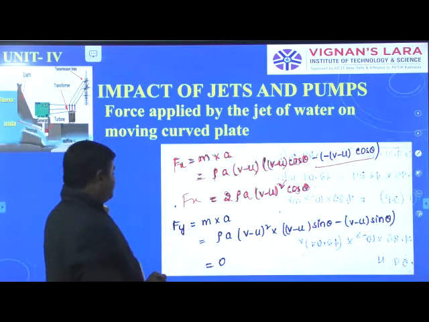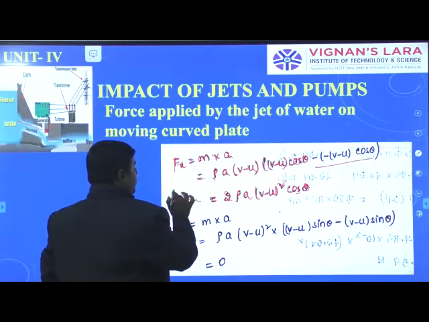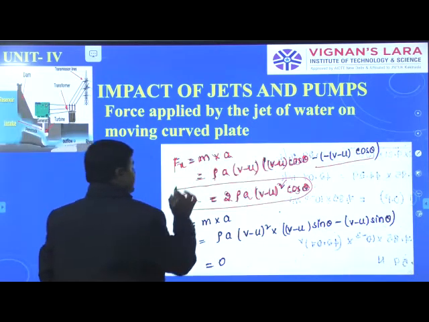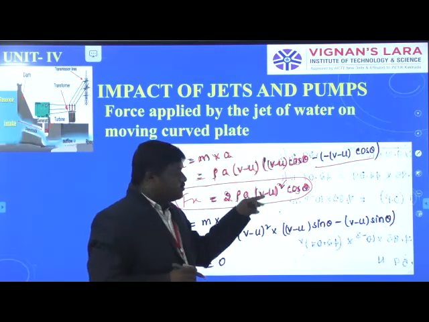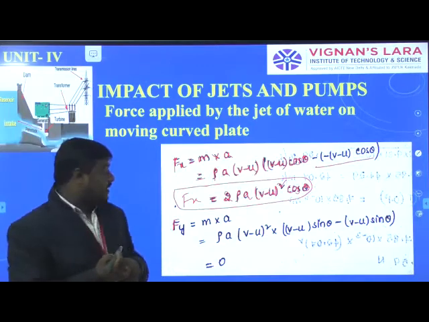This is only for the x direction: 2 rho a into v minus u whole square into cos theta.